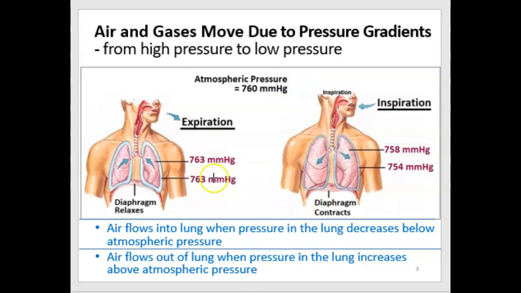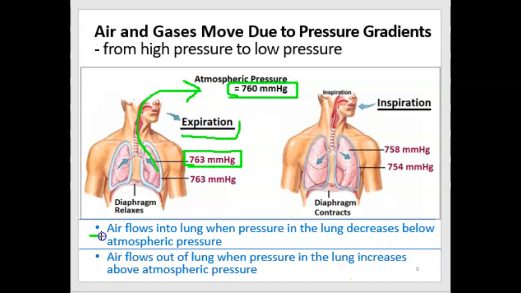In the diagram on the left showing expiration, you can see that the pressure inside the lungs is 763 millimeters of mercury, and that is higher than atmospheric pressure, which is 760. And so air is going to move from high to low pressure and leave the lungs.